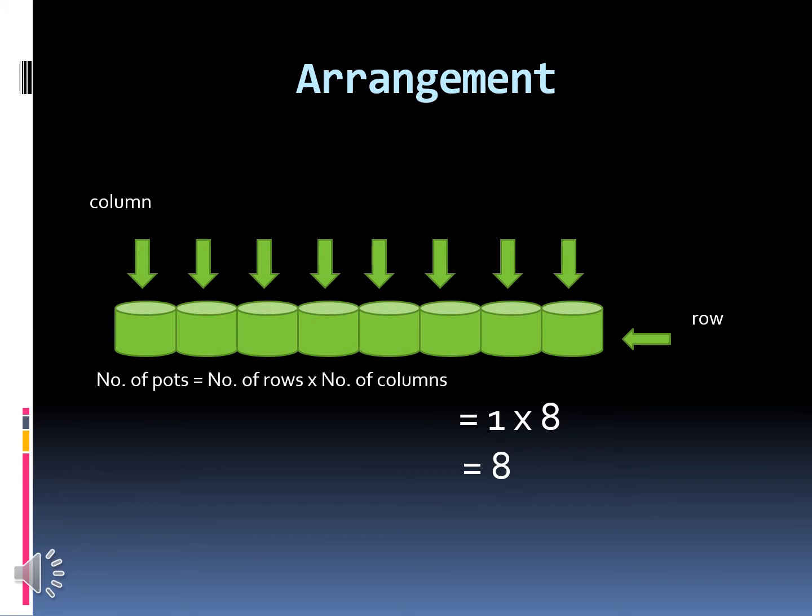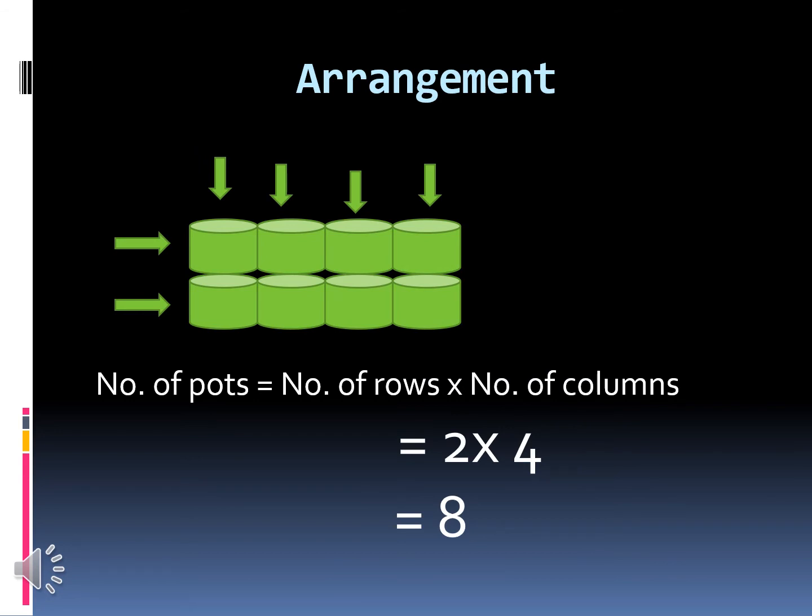Somebody else can arrange it in 1 row and 8 columns like this arrangement. There is 1 row and 8 columns. So number of pots, number of rows multiplied by number of columns, 1 8s are 8. So this also can be arranged to get a rectangular boundary. So we have seen 2 arrangements. Let's see few more.